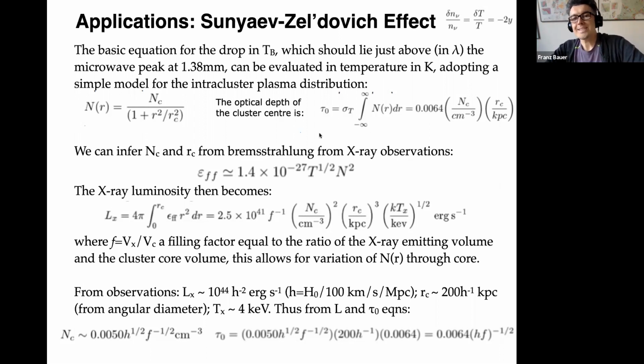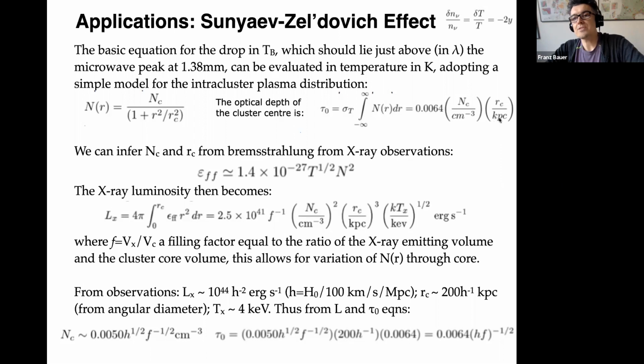And so then our optical depth is going to be proportional to this integration out to some radius, at which point the cluster falls off. You can do it out to infinity, but you can also estimate it just by the size of the cluster. There'll be some fiducial factor that dominates there. So you can do this integral, and roughly speaking, this is going to be proportional to this.